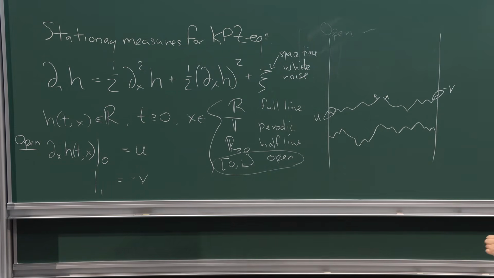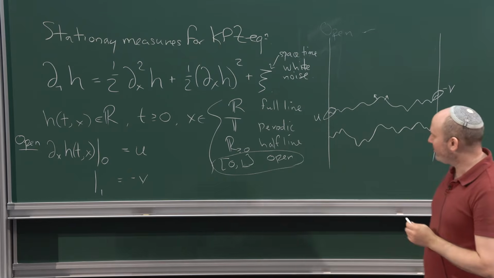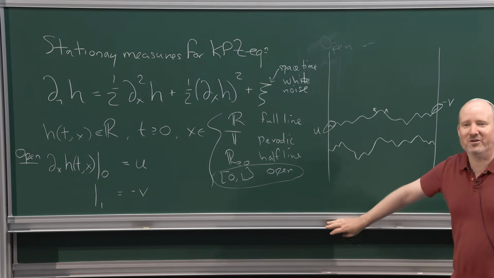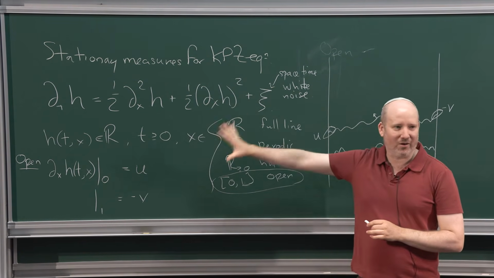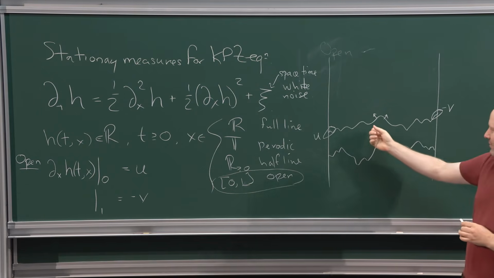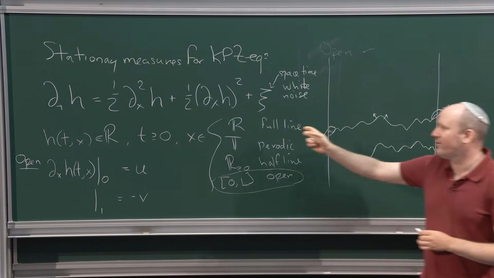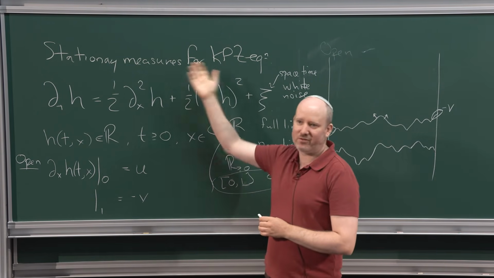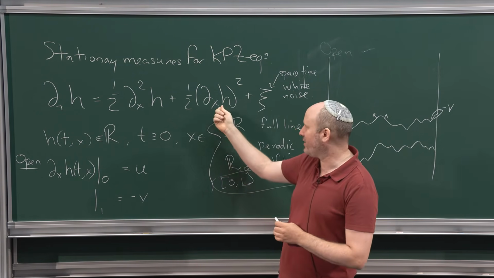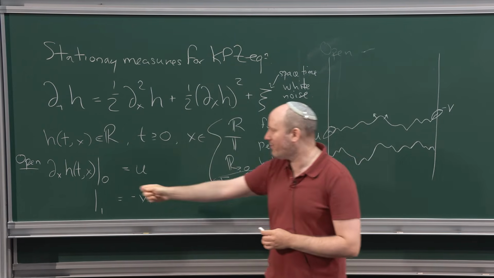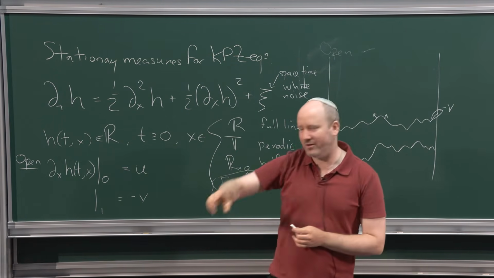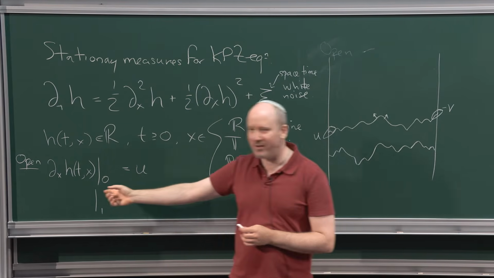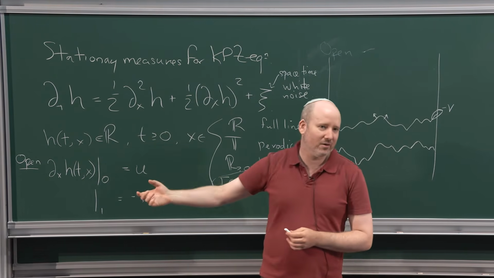Now, I should say, and I know this is not primarily a mathematics audience, but making sense of this equation mathematically is hard because the thing is very rough, right? So of course, making sense of this with a non-differentiable function is hard, but also making sense of the boundary conditions, right? The thing looks locally Brownian, and so what does it mean for the derivative of something locally Brownian to be U?